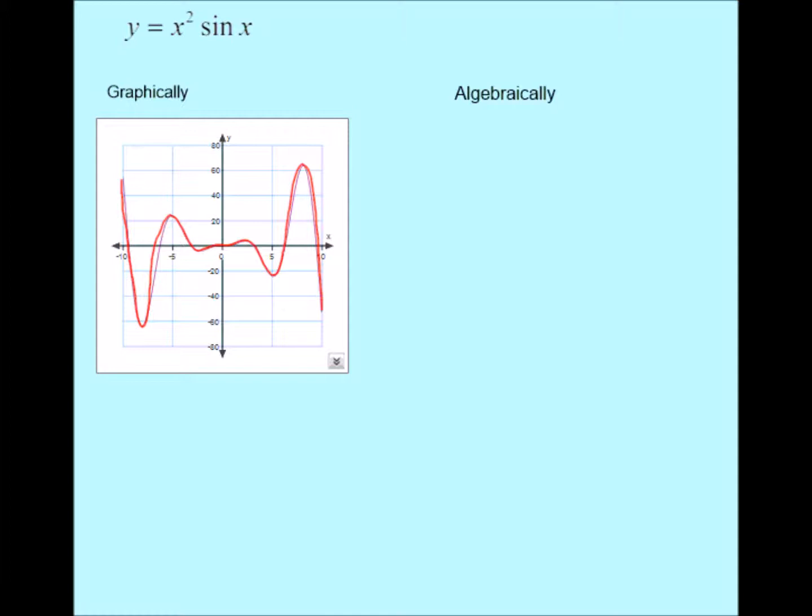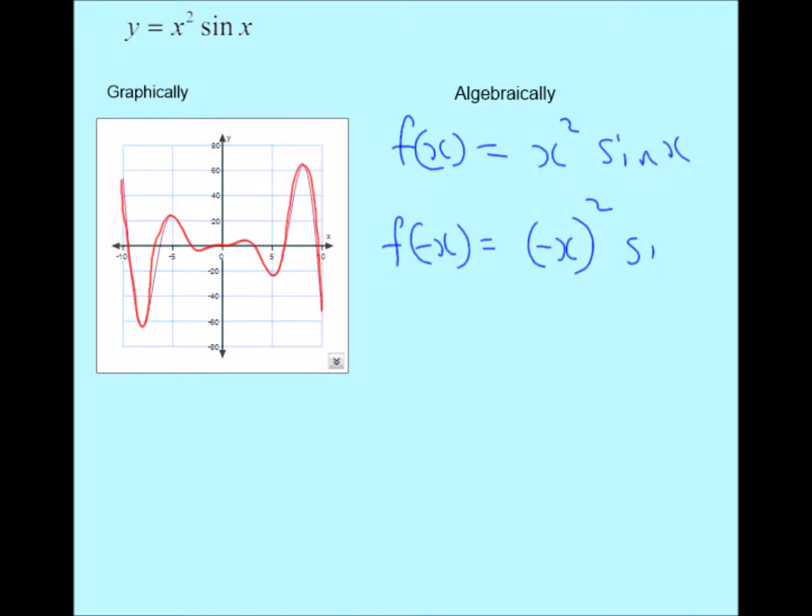So let's solve this algebraically. So f of x is x squared times by the sine of x. So f of negative x, we replace x by negative x. So negative x squared becomes positive x squared. And the sine of negative x, we know, is in fact equal to negative sine of positive x.